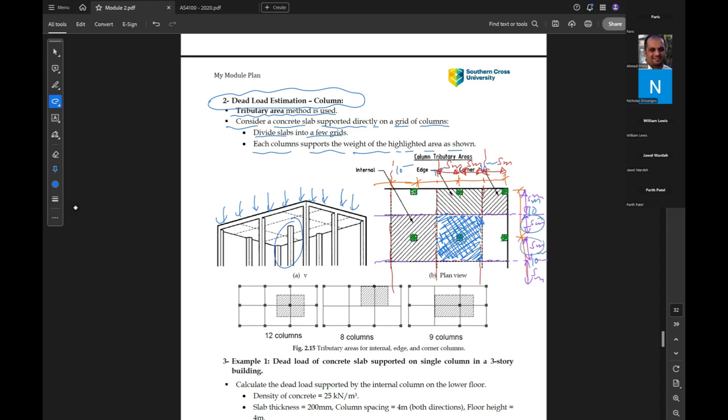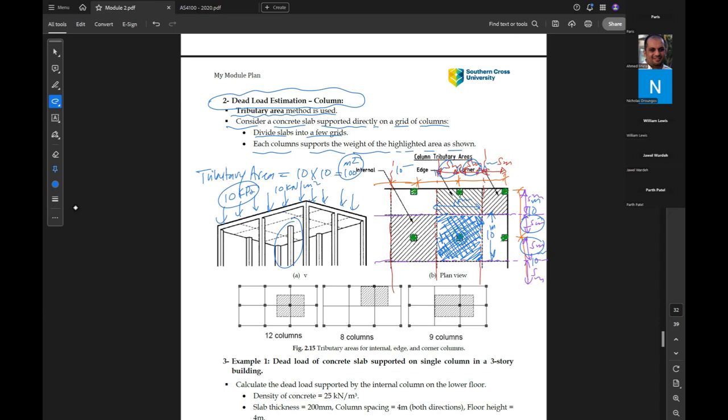Yes, we have 5 and 5, so this side is 10 meters, and also 5 and 5, so this side is 10 meters. So the tributary area of this column equals 10 meters by 10 meters, which is 100 square meters. Let's say this load was 10 kilonewton per square meter.